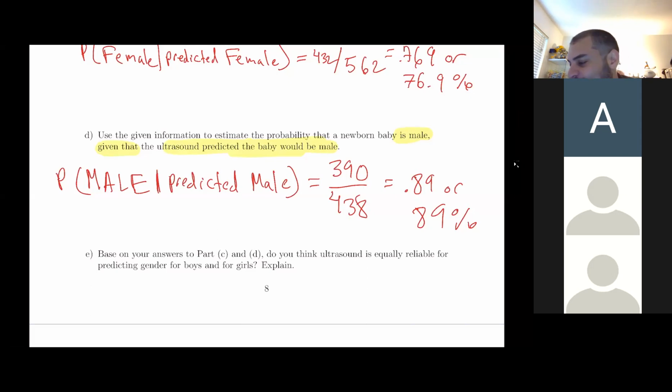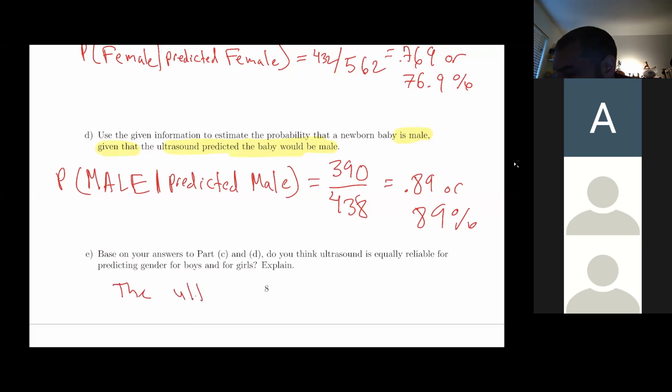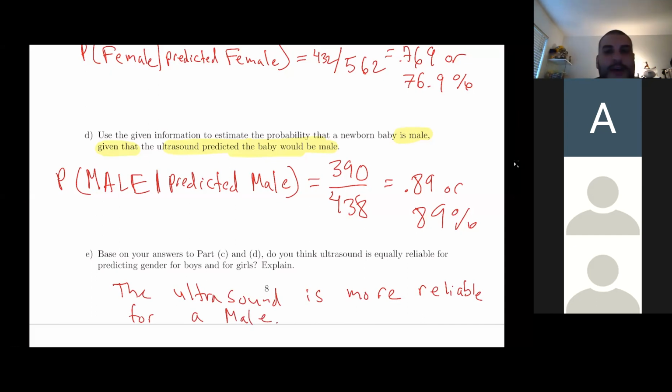Yeah, so we'll say the ultrasound is more reliable for a male. So there is an association.